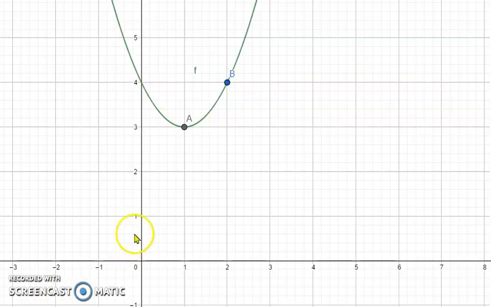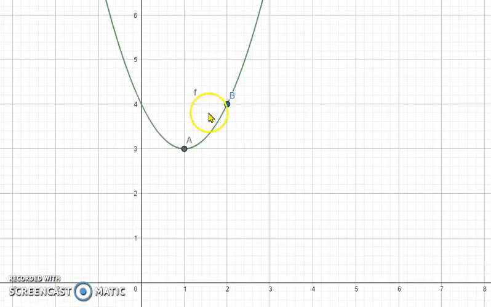If you go back to our graph, visually, our range will just be from 3 up to positive infinity. We see that the y value starts from 3 up to positive infinity. There is no point below that.